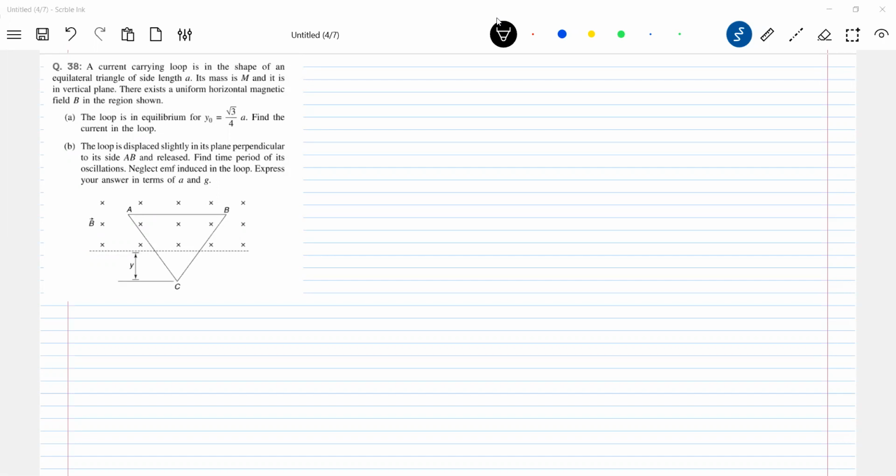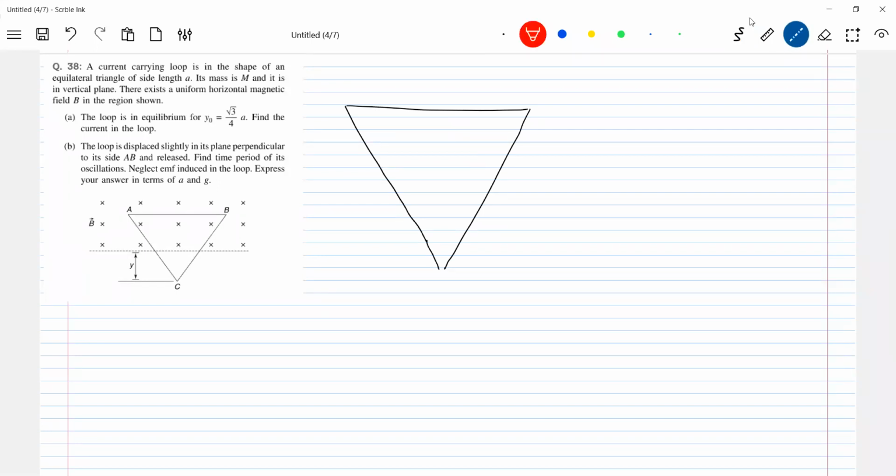Okay, there's a triangular ring. So there's a uniform magnetic field. I'll show only one point. Everywhere there is a uniform magnetic field above this line and there's no magnetic field here.